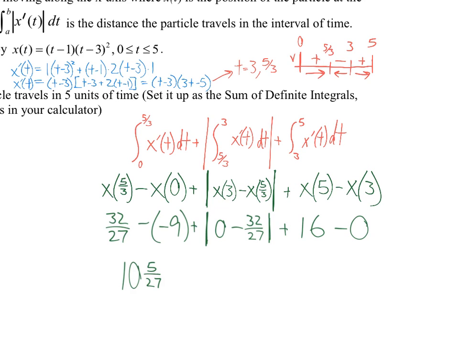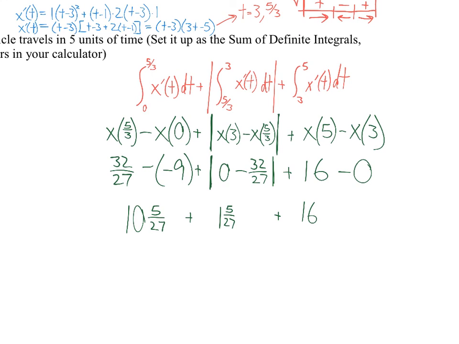That's how far we traveled from 0 to 5/3 seconds. Plus, the absolute value of a negative 32/27 is a positive 1 and 5/27, plus the 16. So total here, we've got 27 and 10/27.